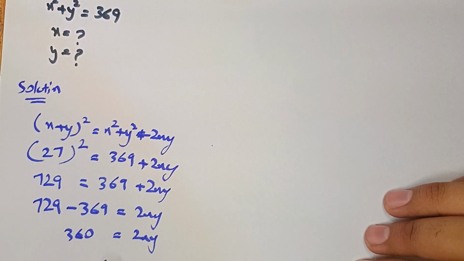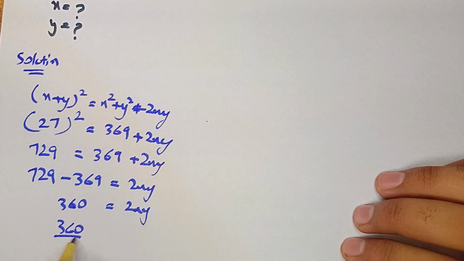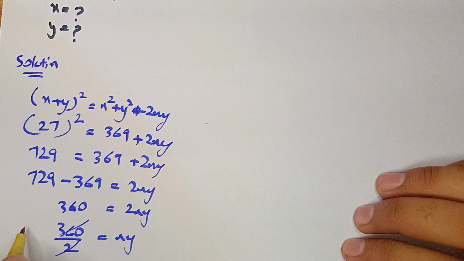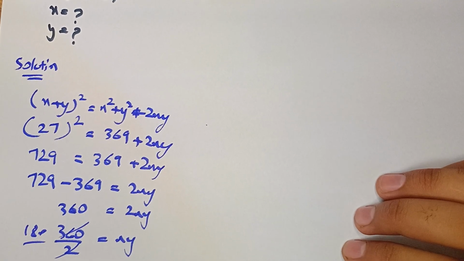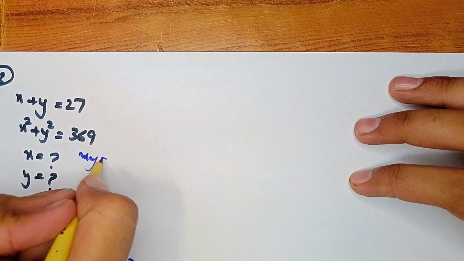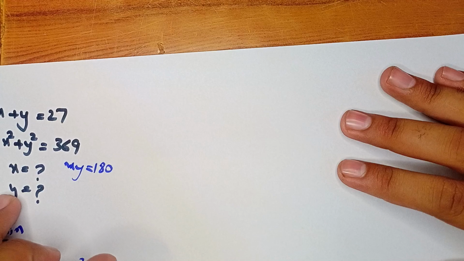Then 2 should be divided, and we get the value of xy, which is 180. Now we have to find the x and y values.